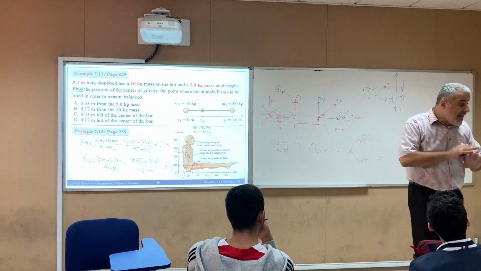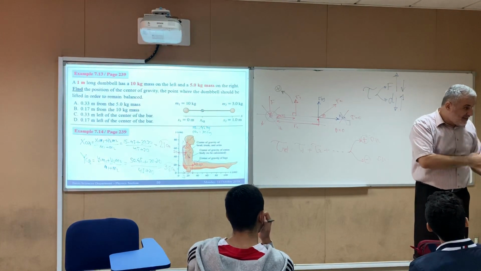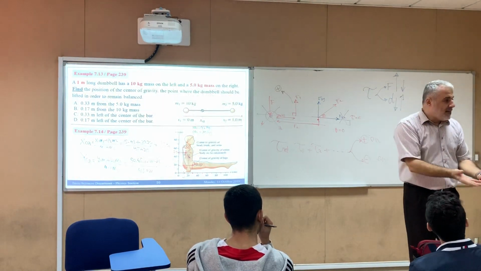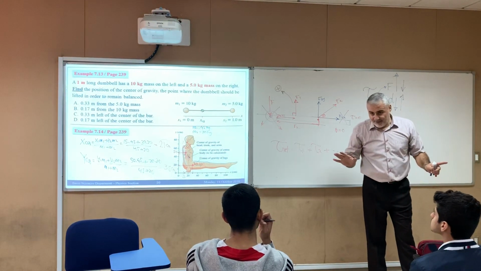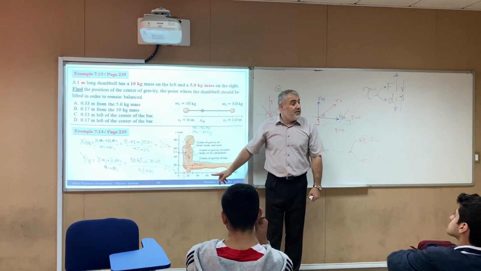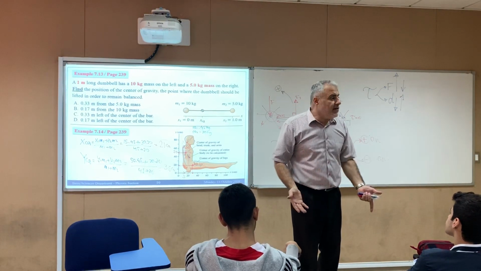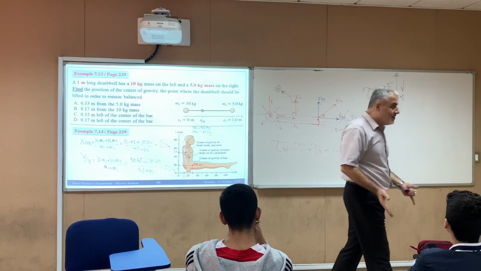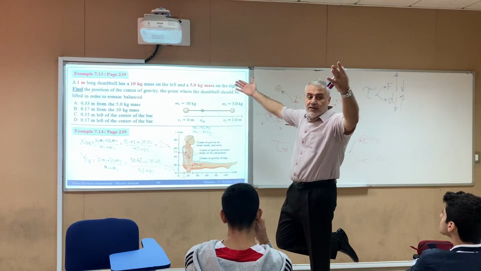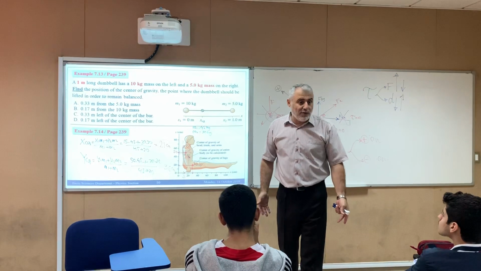Any figure, any action, we give you the coordinates and the masses of the segments, and you just find the coordinates of every segment, and finally the center of gravity, X and Y. I can give you an infinite number of these figures, not only this position. So don't panic if you see another figure or another picture. It is the same idea. I give you the figure, the segments, the coordinates, and you just find the XCG and YCG.